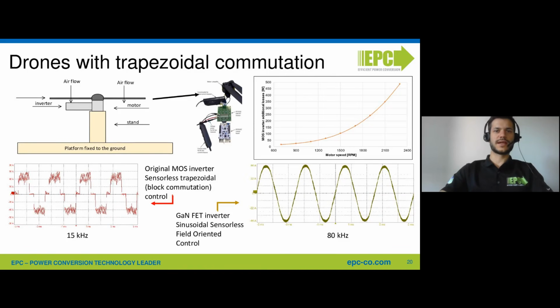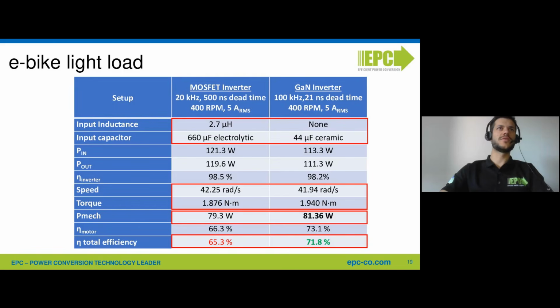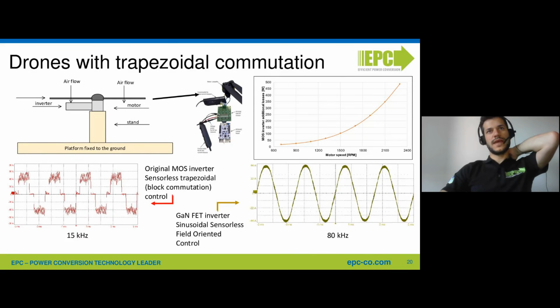So another application, something that I forgot to mention, I do it now. This was made on the motor of an electric bike. Later, we have also focused on other applications. One of them is agricultural drones.